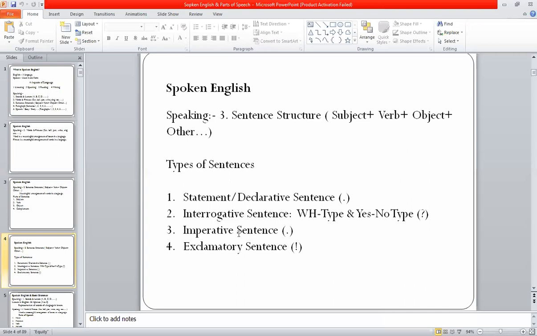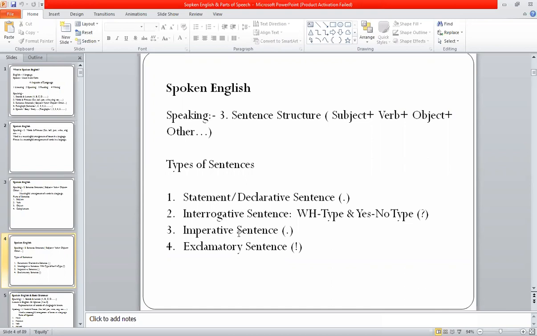Then second is interrogative. Interrogative means Prashnarthi in Marathi. We use these types of sentences for the interrogation purpose. We know this word interrogation very well.